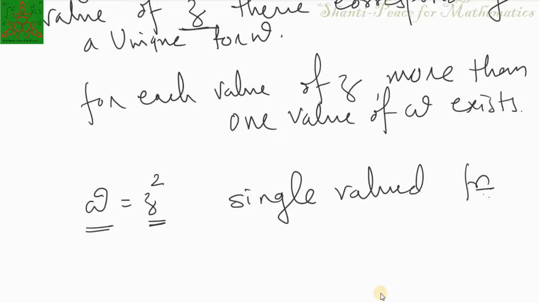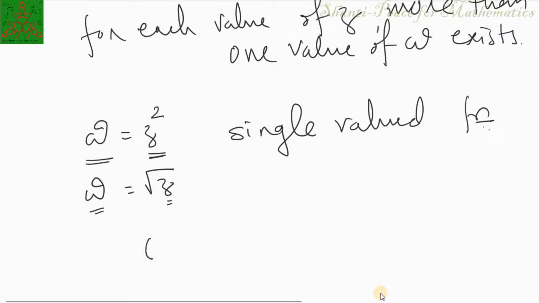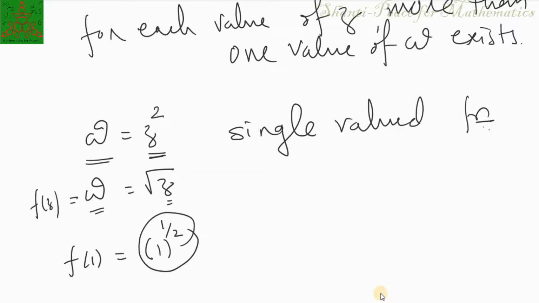Whereas if you consider w equal to the square root of z, then for each value of z many values of w are possible. For example, f of 1 will be 1 raised to 1 by 2, and the square root of 1 will be either plus 1 or minus 1, because w equal to 1 raised to 1 by 2 means w squared equals 1.